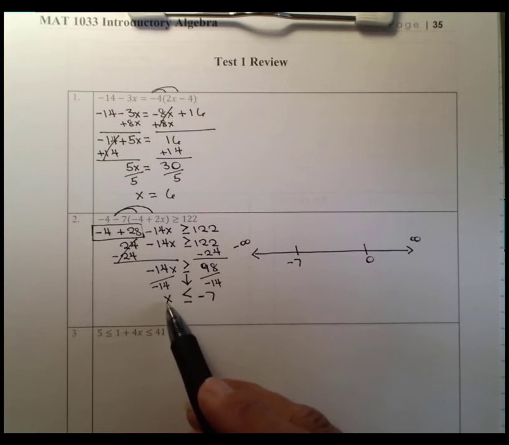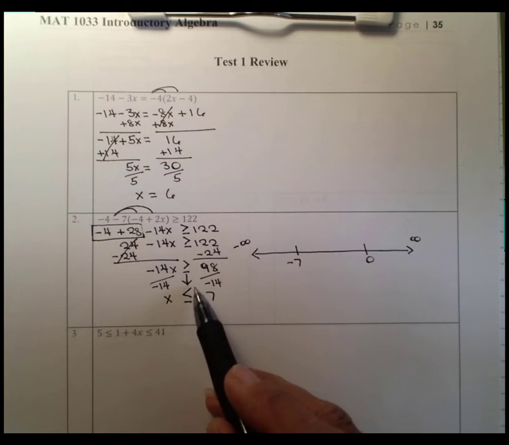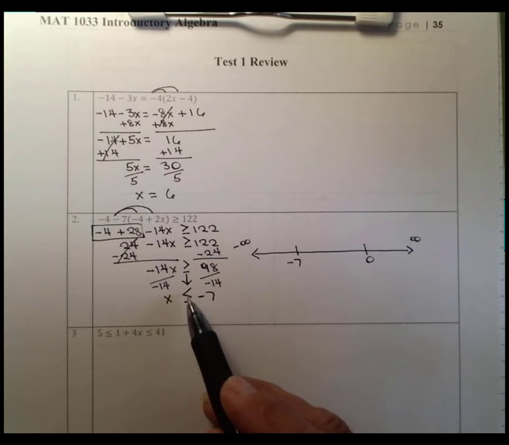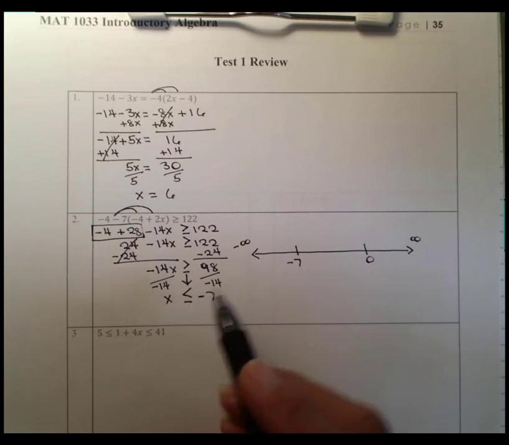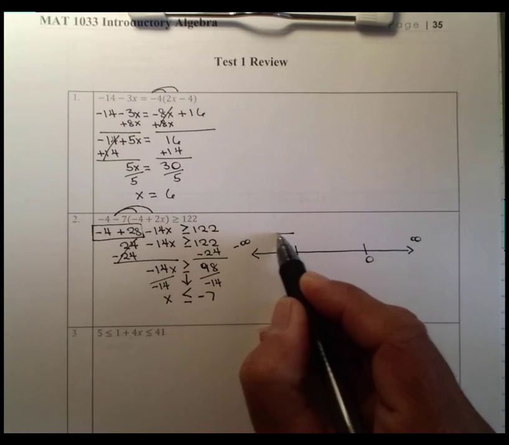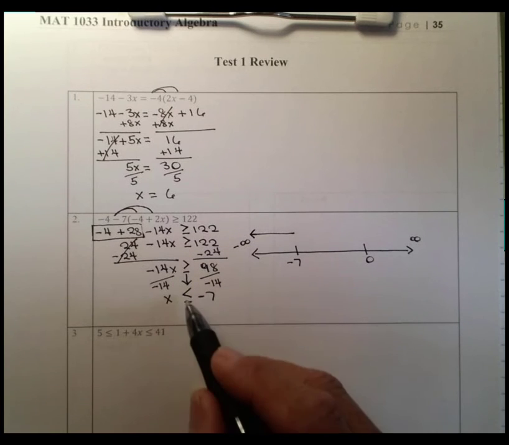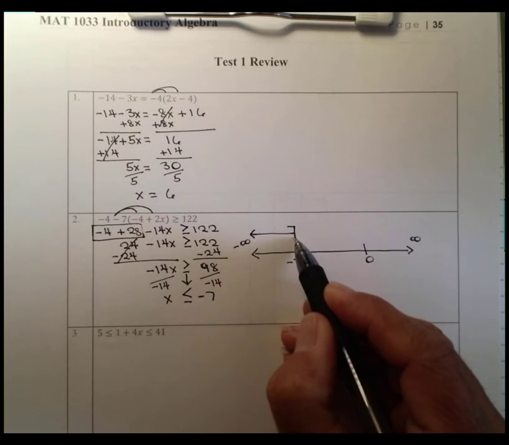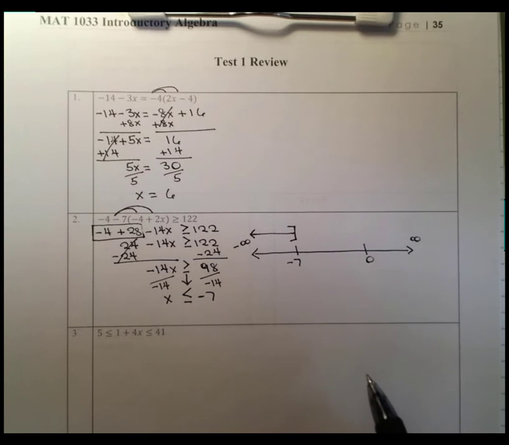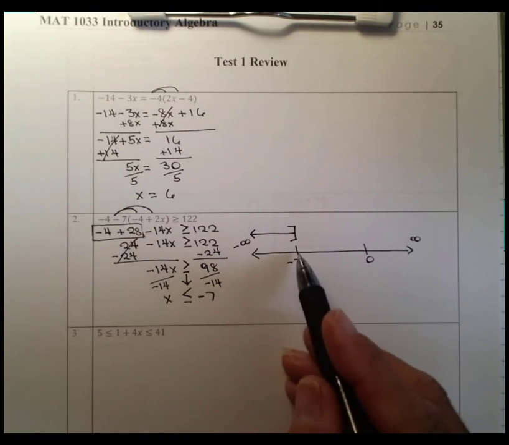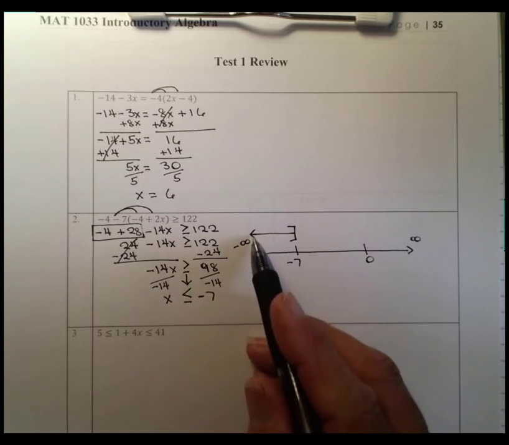And then since x is over here on the right, I can point my arrow in the direction of my arrow in the inequality. In other words, I start at negative 7 and I'm going to go this way. And I'm going to keep on going because it's everything less than or equal to. When I say equal to, this is the type of bracket I use, that square bracket. It says it might be equal to the point negative 7, everything less than.